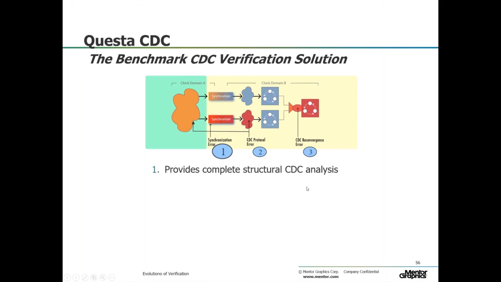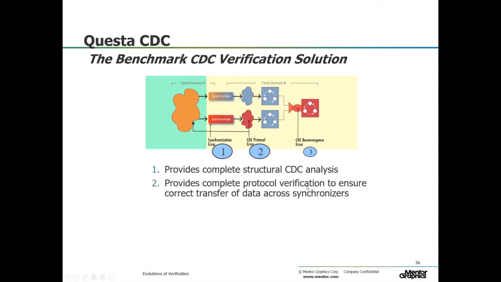The second step is that you need to make sure that not only do you have the right kind of synchronizer, but that the circuitry that drives this synchronizer and receives from it is properly handling the handshake protocol to send the data from one domain to another.